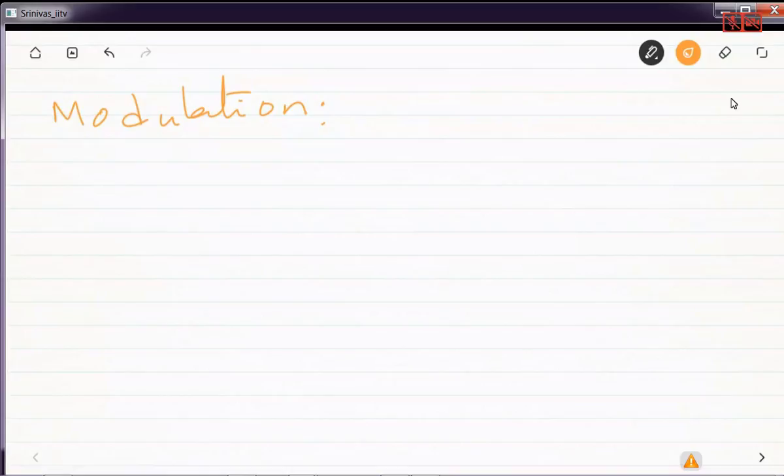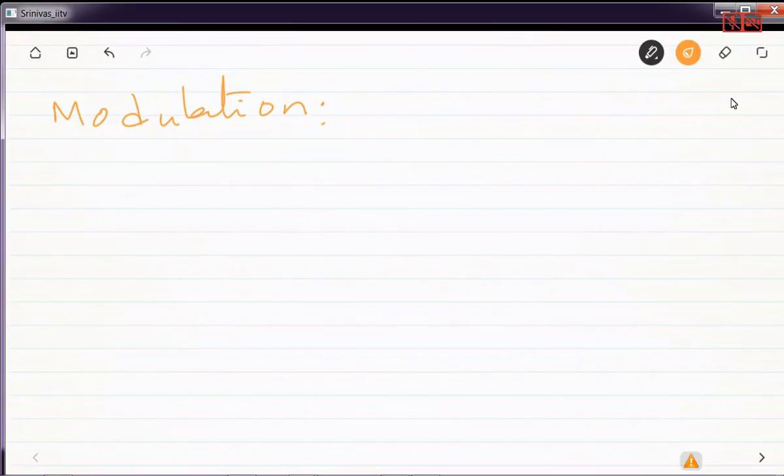Now let us start in this class. We will start with this model, and I'll introduce the concepts in modulation. First, as we are using a high frequency signal to carry a message signal, why do we need to do that?